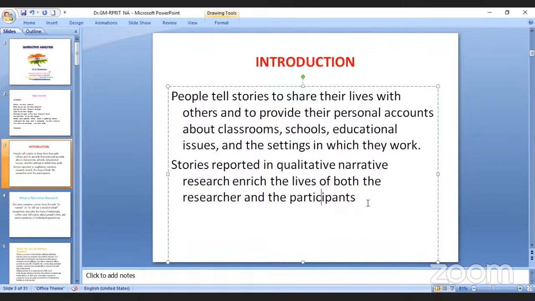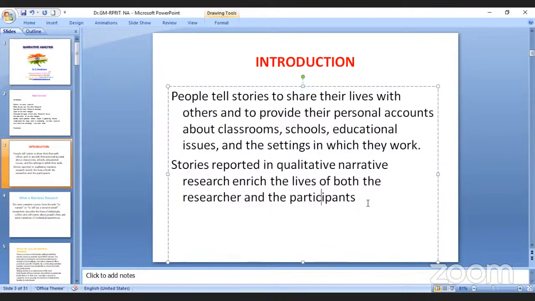Yes, exactly. So narrative means people tell stories to share their lives with others and to provide their personal accounts about classrooms, schools, educational issues, and the settings in which they work.